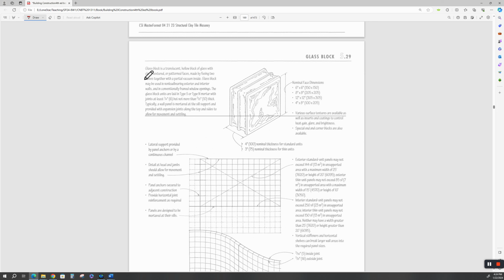All right, so glass block is a translucent, not transparent, hollow block of glass with clear, textured, or patterned faces. It's made by fusing two halves together in a partial vacuum inside. So if you have gas-filled windows in your house, two-pane or multi-pane, what does that do? It helps insulate.